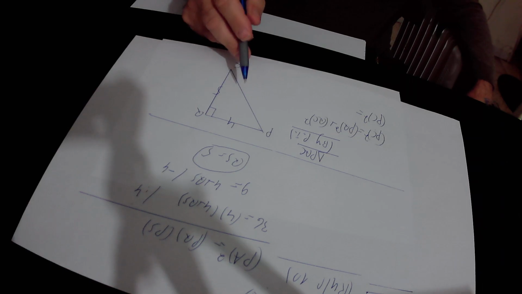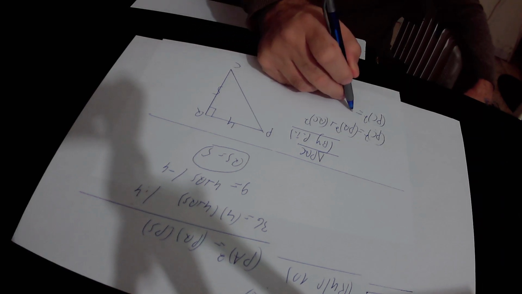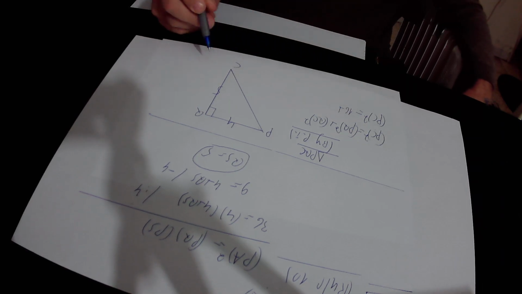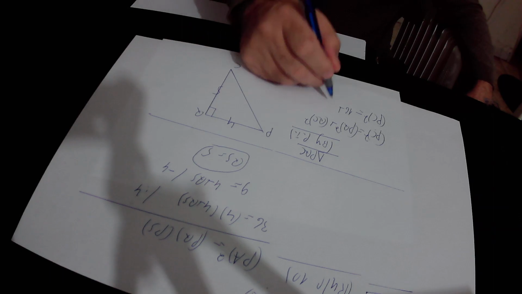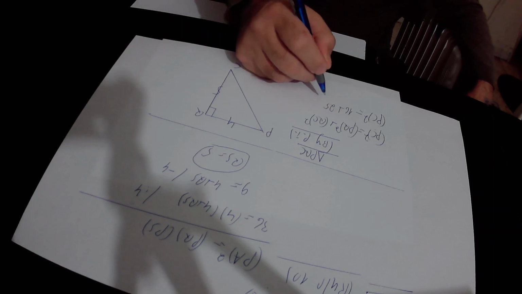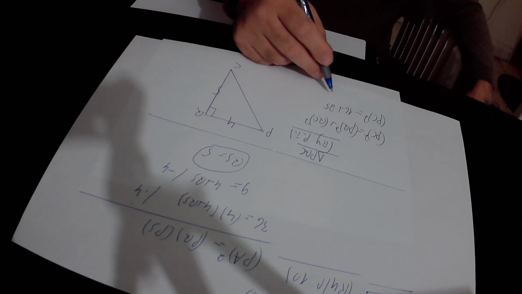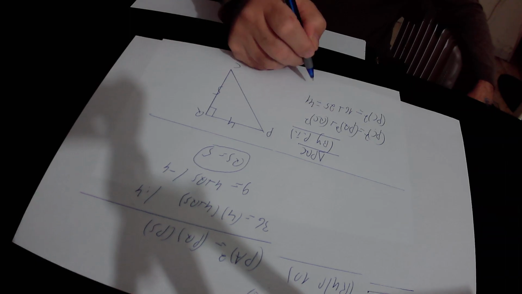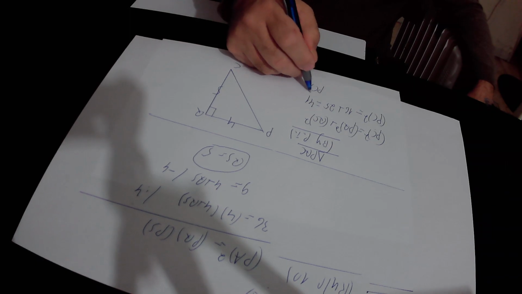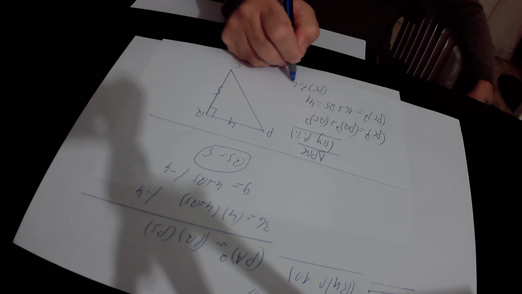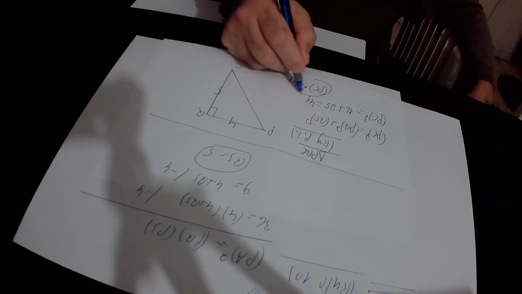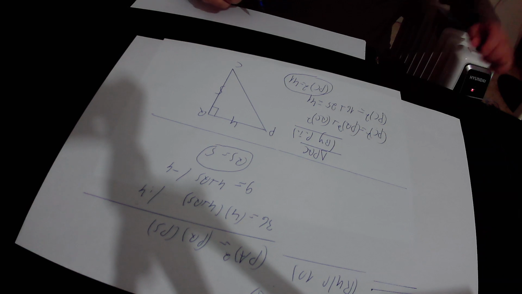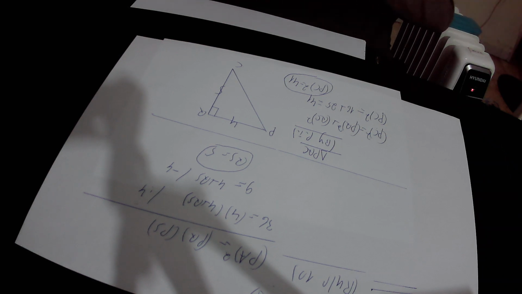PQ is 4, therefore PQ square is 4 square, that is 16, plus QC square. QC is 5, therefore QC square is 5 square, that is 25. So PC square in total equals 16 plus 25, that is 41. So we can write here that PC square equals 41.